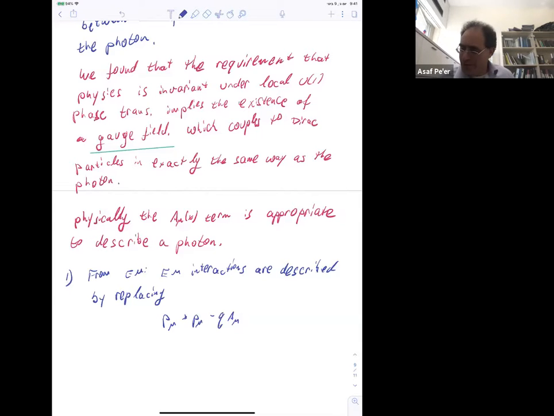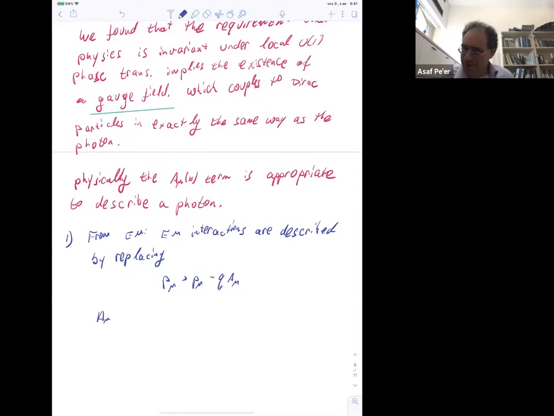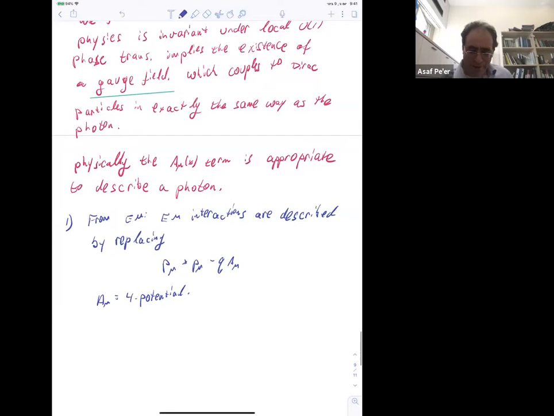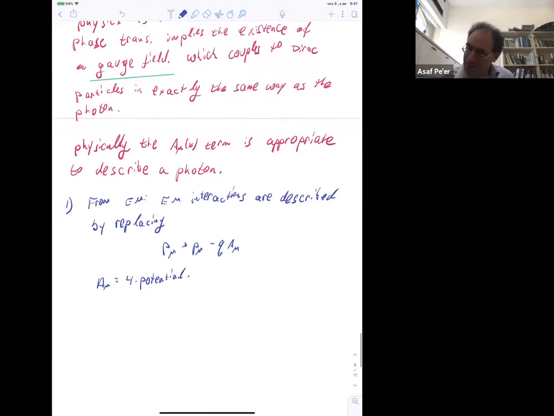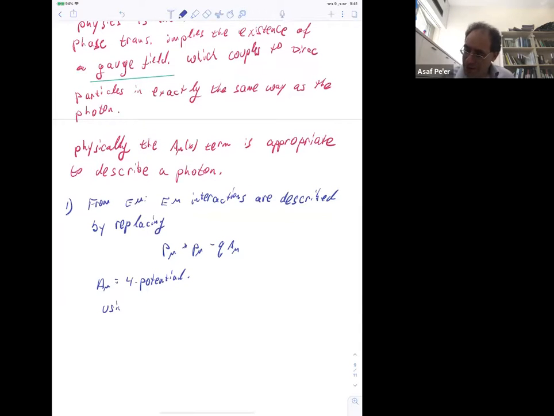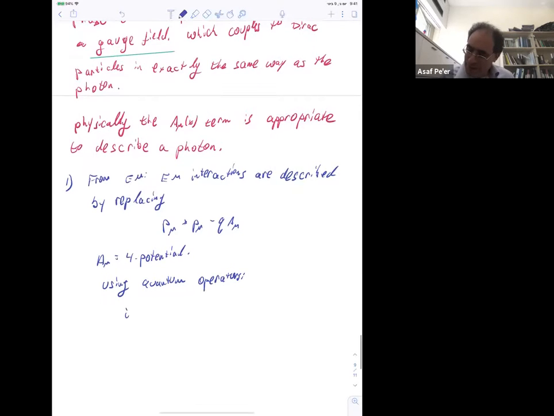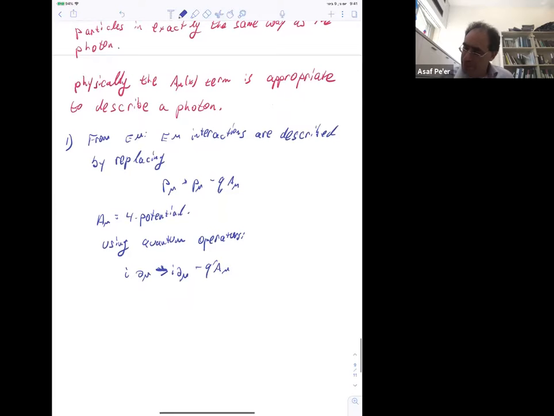Of course, A mu is the 4-potential. Now, when we use quantum operators, i d mu goes to i d mu minus Q A mu. Now A mu is an operator.